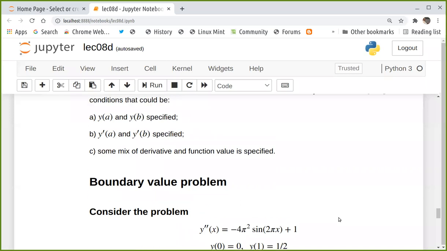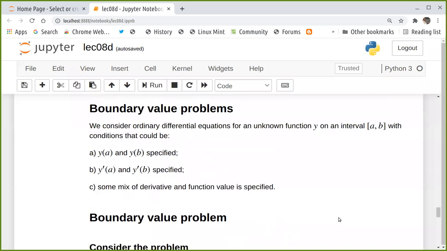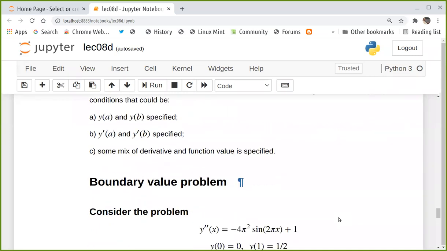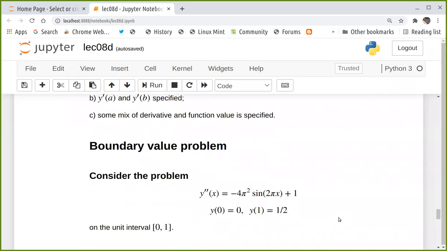With the boundary value problem, you have an interval a to b, and you have a differential equation on it, and you could specify conditions on the boundaries. One would be to specify the values of the function on the endpoints of the interval. The other would be to specify the derivatives at the ends of the interval. Or you could have some mix of derivative and function value conditions.